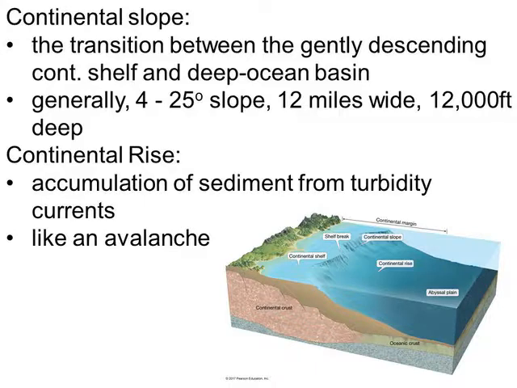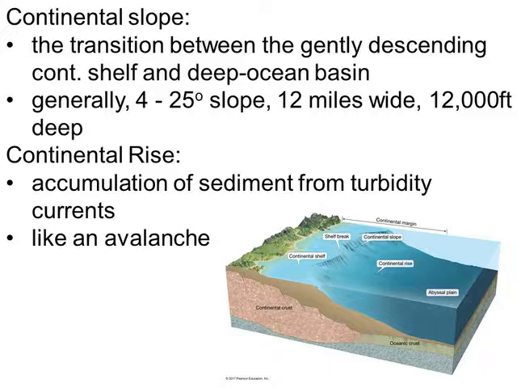All right, so your continental slope is next after the shelf break, but the shelf break is just the transition point between the continental shelf and the continental slope. And the continental slope then acts as a transition between the continent itself and the deep ocean.